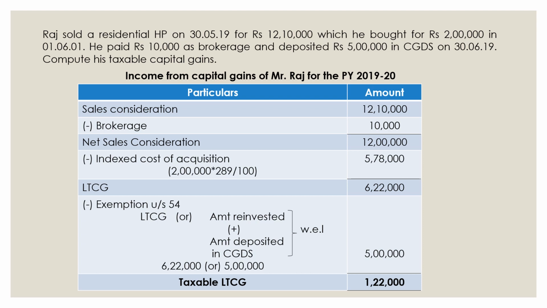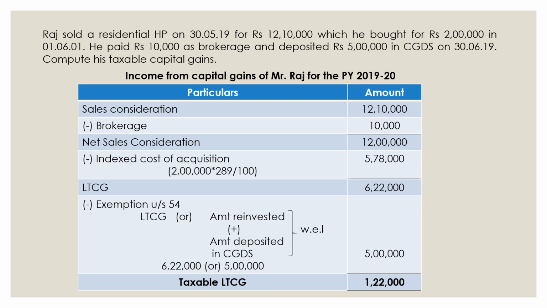When you apply the formula, the indexed cost of acquisition comes to 5,78,000, which will give you a long-term capital gain of 6,22,000. Now, after this, you need to find out the exemption under Section 54.